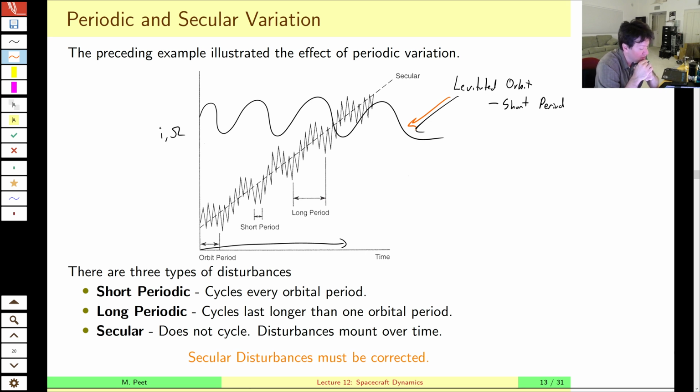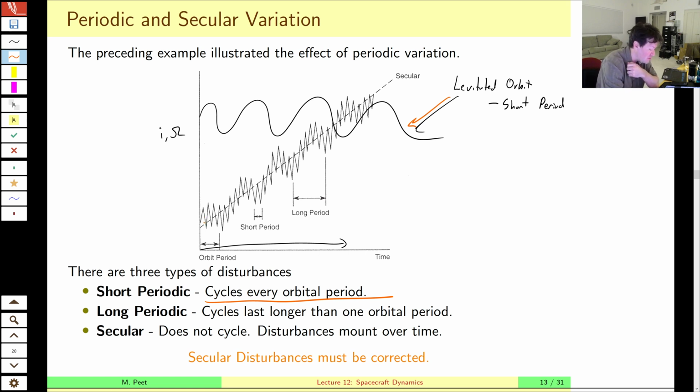That's called a short period perturbation. It's a perturbation which comes and goes over every orbital period, but doesn't accumulate and doesn't change from orbit to orbit. It's fixed from orbit to orbit.